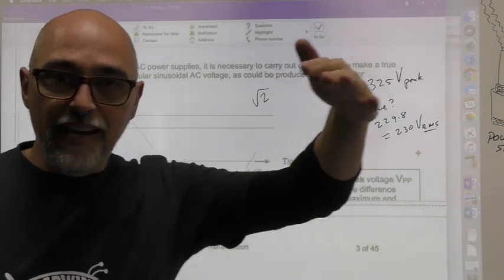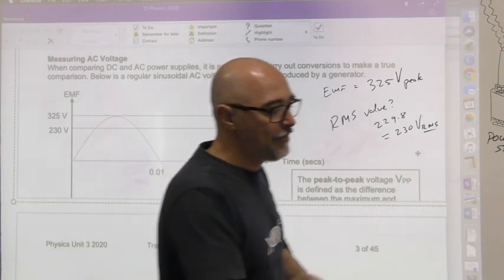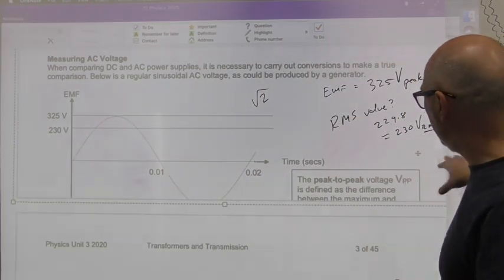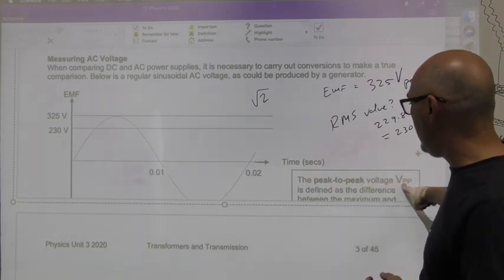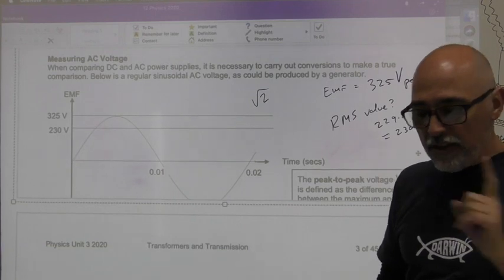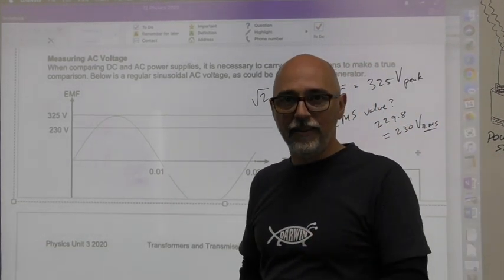The difference there is double, okay? So you've got to keep an eye out for that, all right? Anytime there's a mention of peak to peak, the peak to peak voltage is defined as the difference between two maximums, all right? You just got to make sure that you're actually answering the question that is being asked, all right?